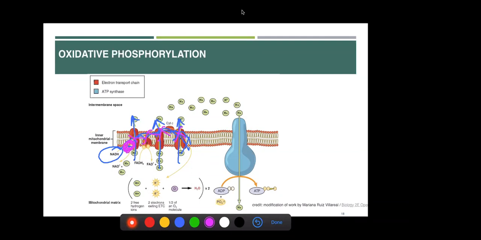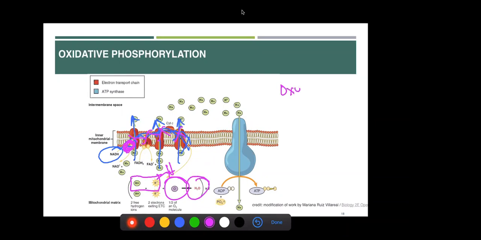Okay. So what happens is oxygen, remember we said oxygen is highly electronegative. Oxygen says, I will take the electron. And when it takes the electron, it can combine it with a proton. An electron and a proton gives us hydrogen, and that gives us metabolic water.